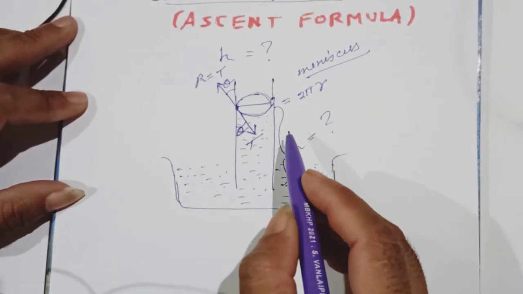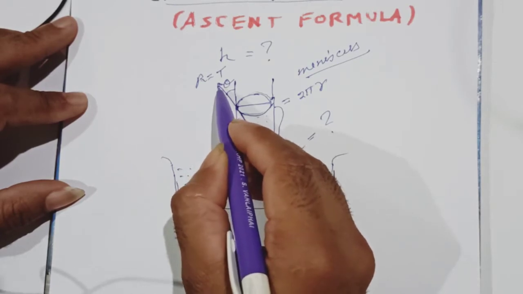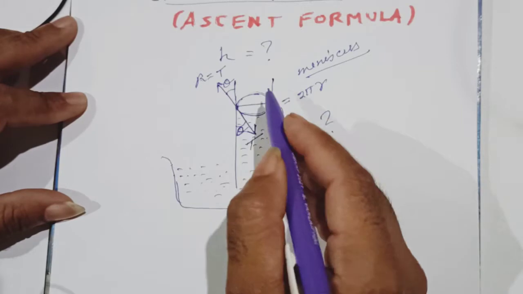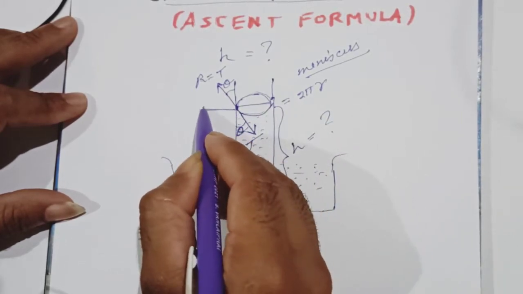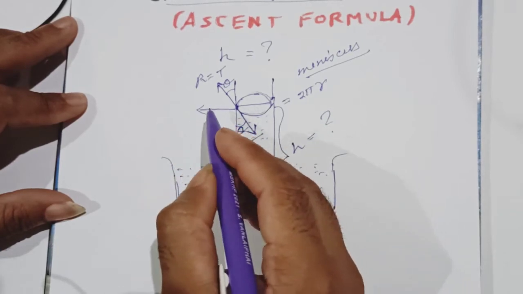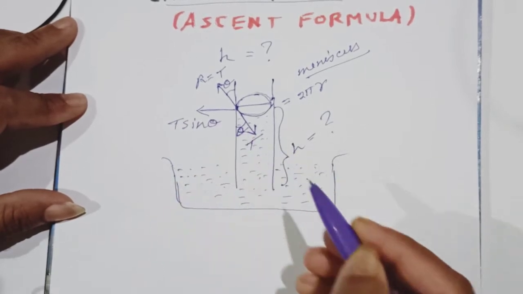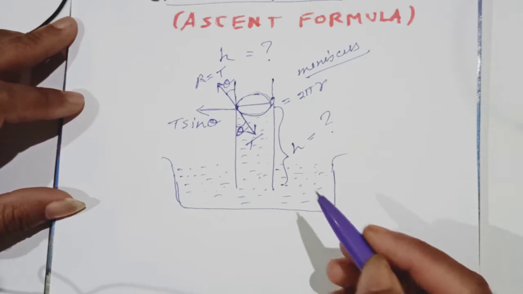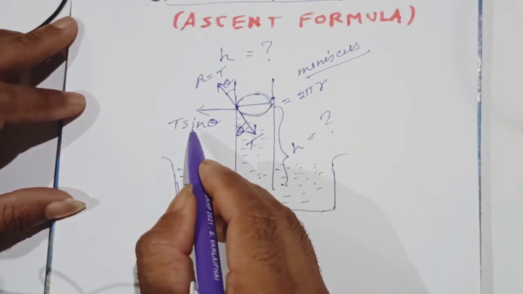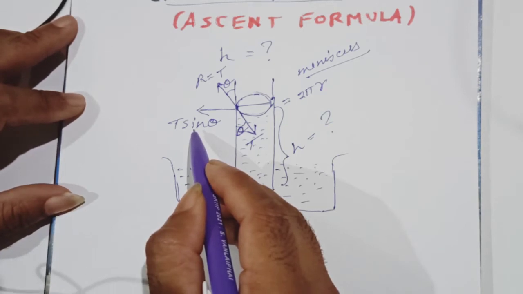Now this reaction R at its point along the circle of contact can be resolved into two components. The first component we shall draw like this: it is T sine theta per unit length, along horizontal and radially outward.